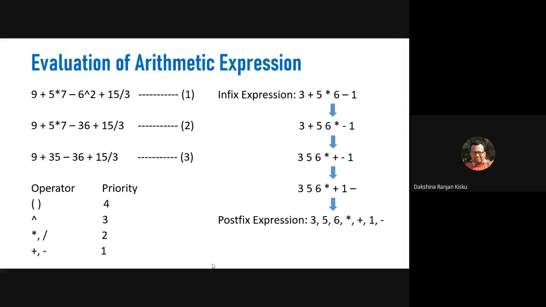In this infix expression, we have a multiplication operator, an addition operator, and a subtraction operator. According to the priority of the operators, first we will move the multiplication operator. So the multiplication operator will appear after the operand 6.